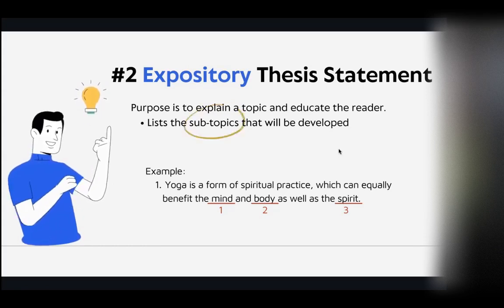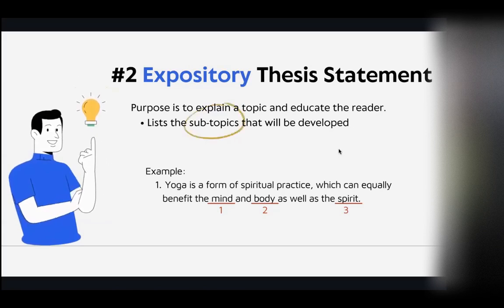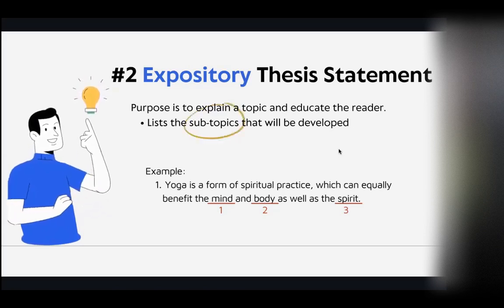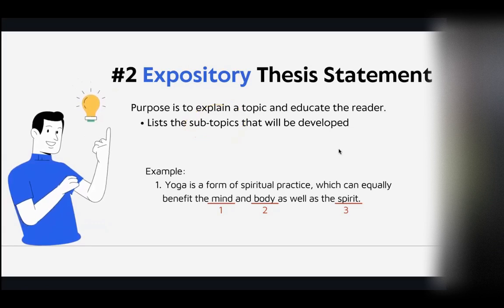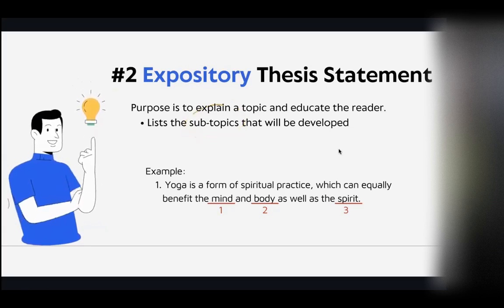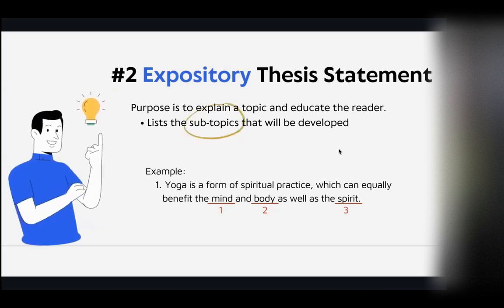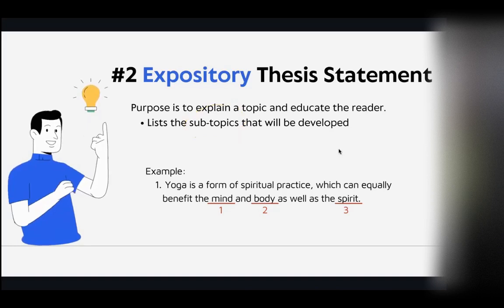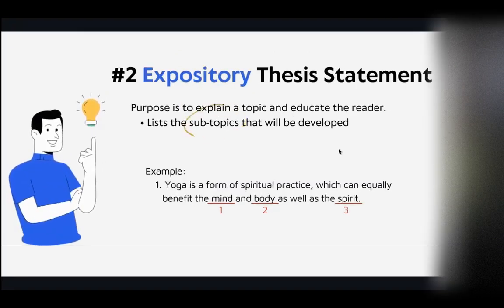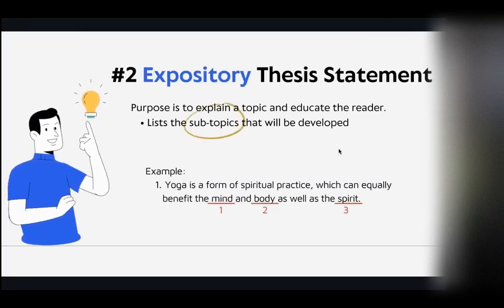Which can actually benefit the mind, body, as well as the spirit, that's the C part, which is how you will break this topic down and how you will try to explain it, what aspect of the topic you are trying to explain. So that's how it usually works for an expository thesis, when you are trying to explain something in your essay.